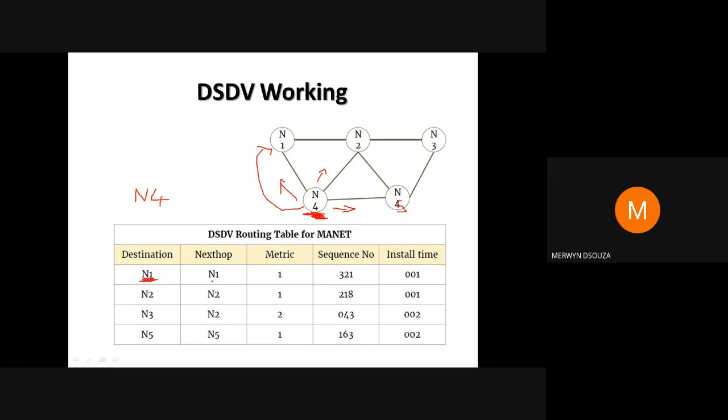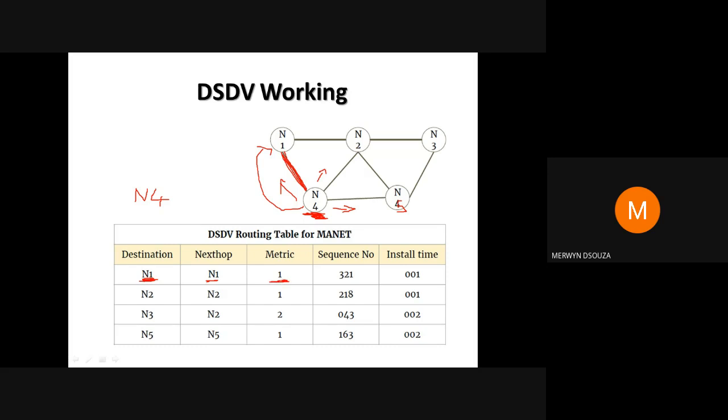Therefore the entry for the next node, or the next hop, is also N1. And the distance: there's one link between N4 and N1, not an actual wired link, but one link, so the distance is put as 1.